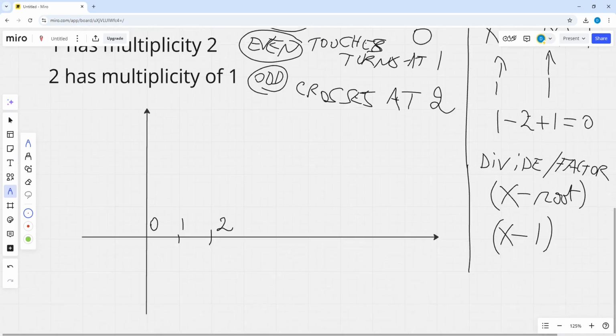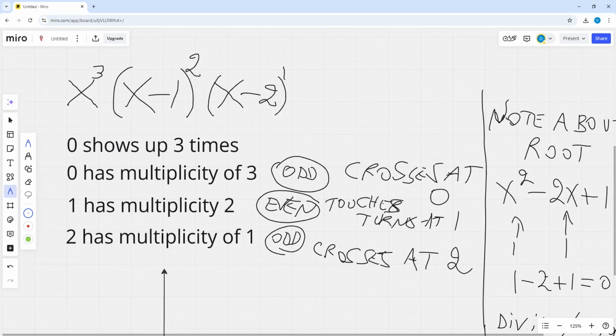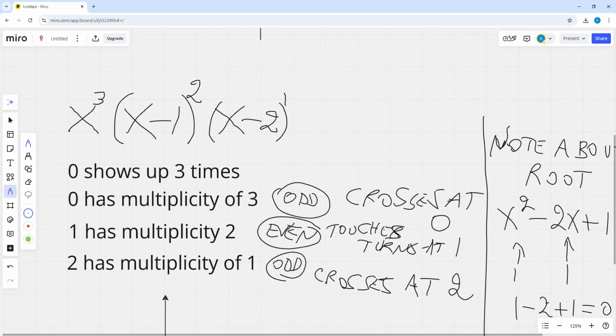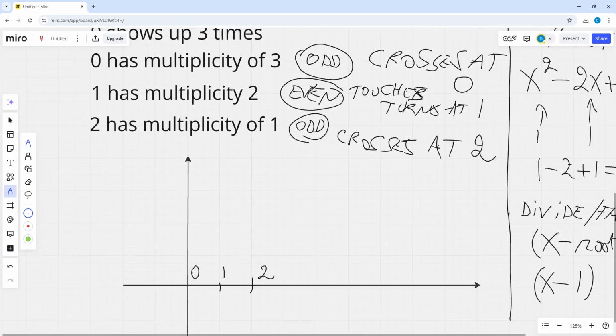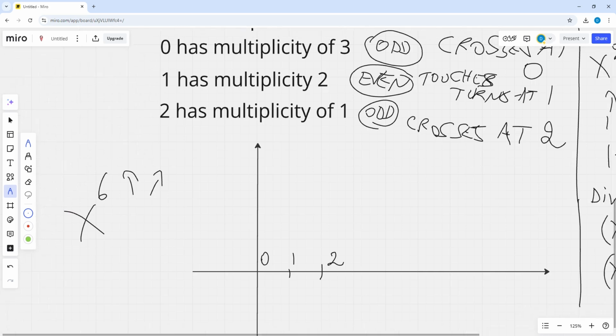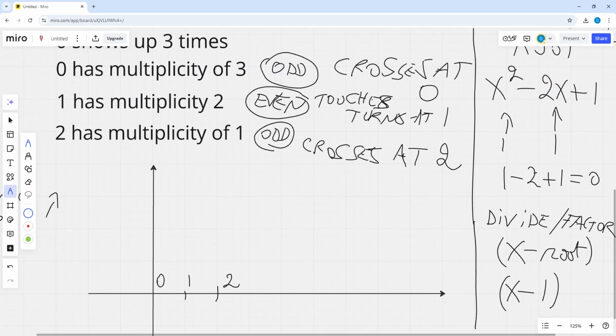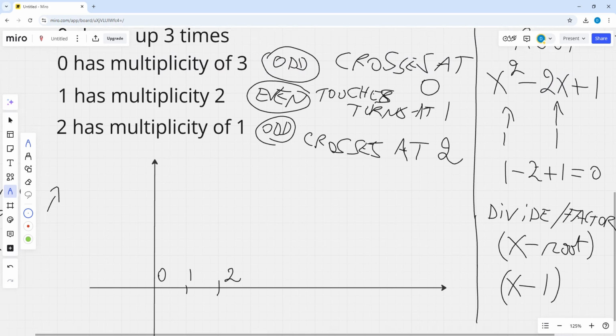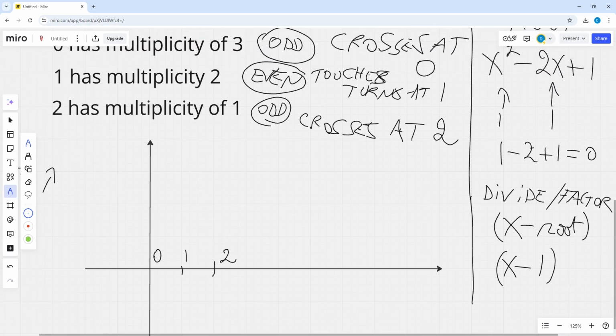So now we can draw this, right? If we know a little bit about graphs, this x to the cube times x squared times x is x to the 6, right? It's going to give us an x to the 6, which starts at the top and finishes at the top. So we know it's going to start at the top. So a graph, let me see if I can do this graph in a different color. Let's pick blue. Our graph here is going to start at the top, cross at 0, touch and turn at 1, and cross at 2.